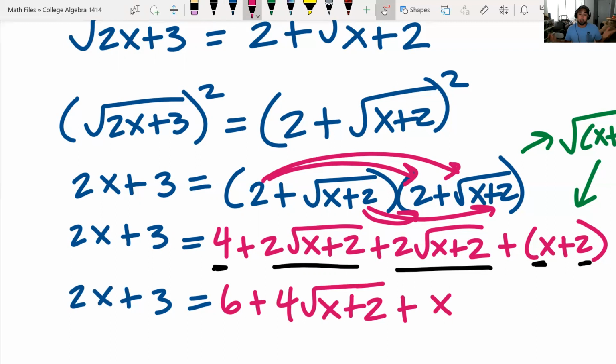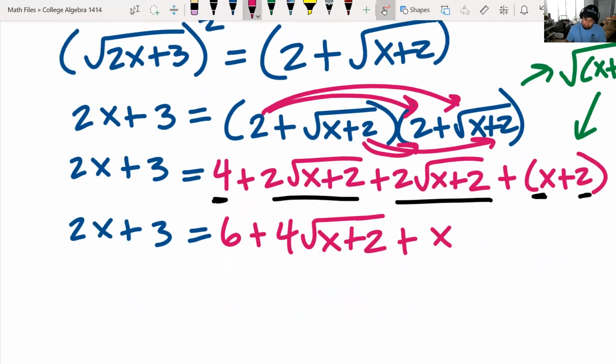Okay. The right side is cleaned up, which means we need to simplify more, and we still need to get rid of that extra radical we have there, that square root of x plus 2. So what we're going to do is take the 6 and the x, move those to the left. So with that being said, we'll have 2x minus, actually, what's a better way to do this?